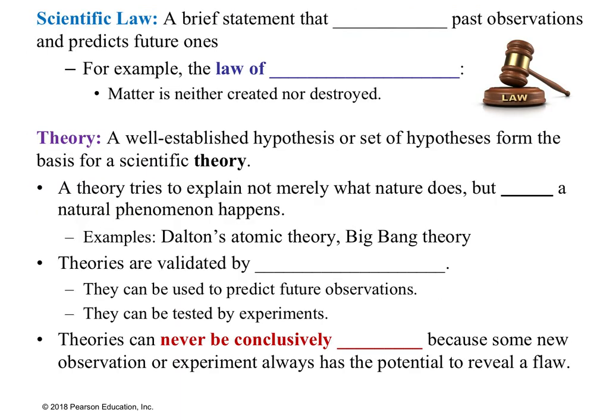The definition of a scientific law is that it is a brief statement that summarizes past observations and predicts future ones. So this is all based off of experiments that have been done. If I drop a rock, it's going to fall.